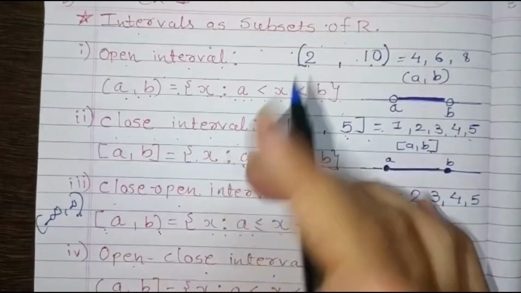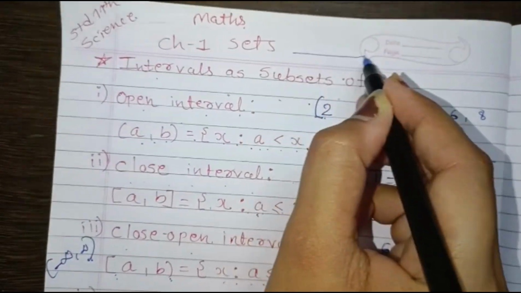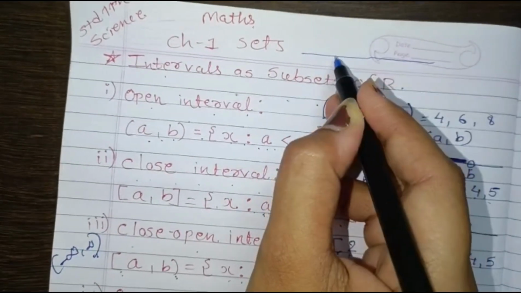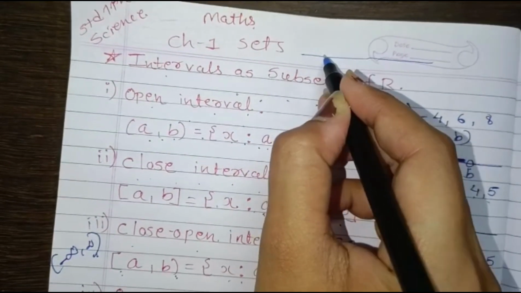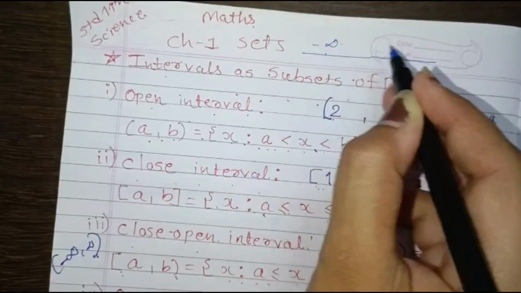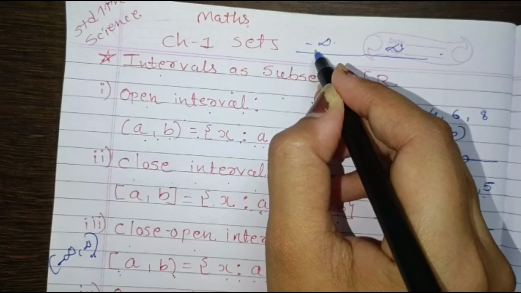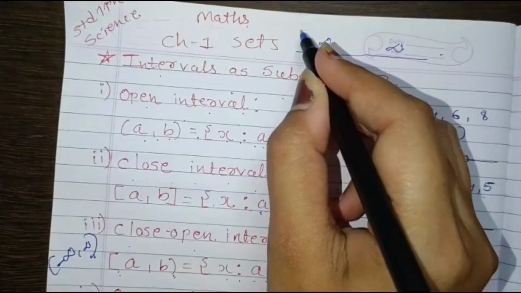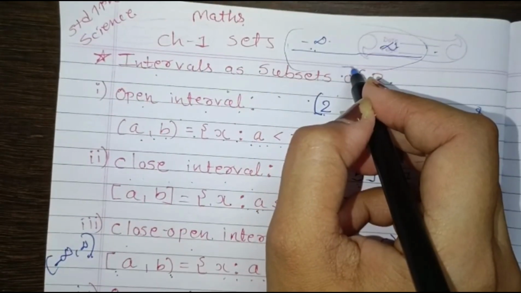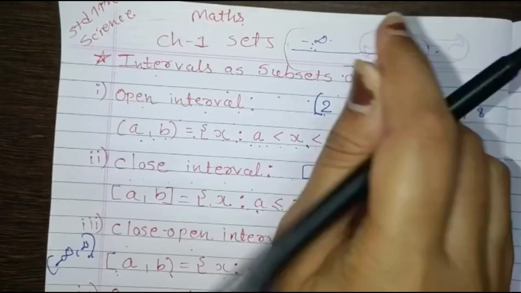Already we know that on the number line, this side is minus infinity and the right-hand side is infinity, and all the numbers are included in this interval, minus infinity to infinity.